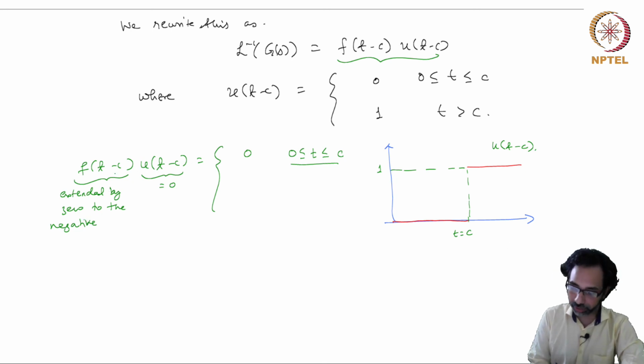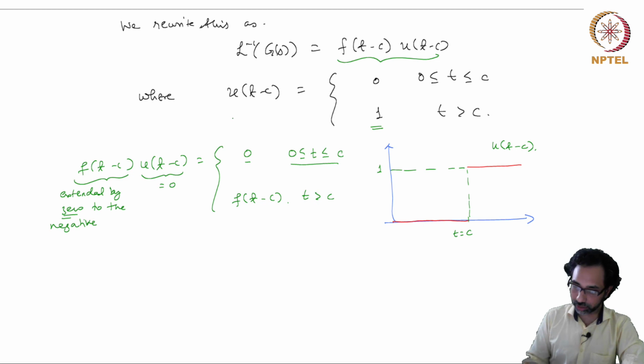When t minus c is less than 0, meaning 0 less than or equal to t less than or equal to c, we are just extending it by the value 0. So both values are 0 in this region, and we get a 0 value. When t is greater than c we get f(t minus c), because in this region u(t minus c) is simply 1.